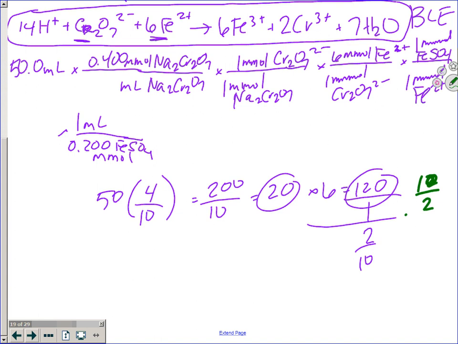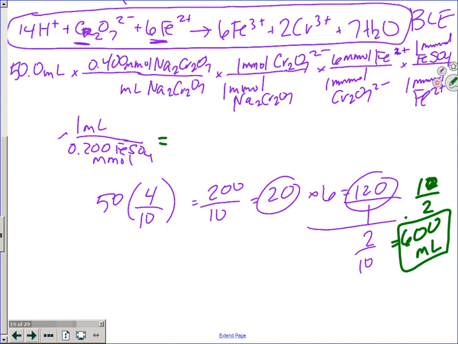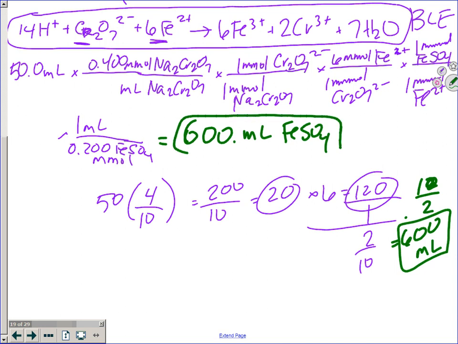It is 600. Sorry, I had a different one in my head. So the answer is 600 milliliters. So 120 divided by 2 is 60, times 10 is 600. Math, right? Fractions will help you. So the answer is 600 milliliters. How many sig figs do I need? 3. So 600. milliliters of iron 2 sulfate.